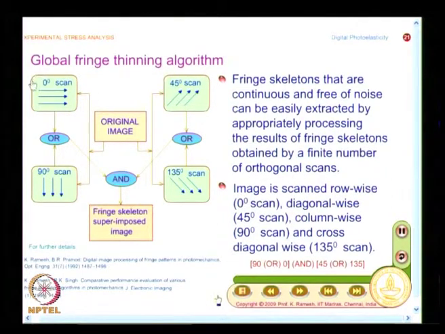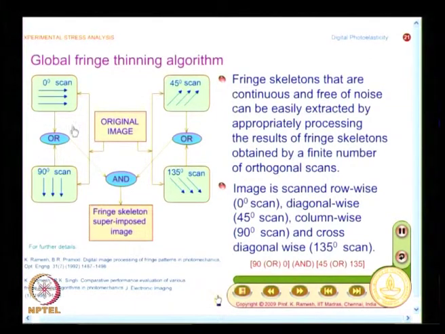I have a 0 degree scan and a 90 degree scan, and what we found was that when you do a 0 degree scan, it identifies fringe areas as well as gives you noise. If you look at the 90 degree scan, it identifies some fringe skeletons and also noise, but when I do an OR operation, I get the complete fringe skeleton, but with some noise.